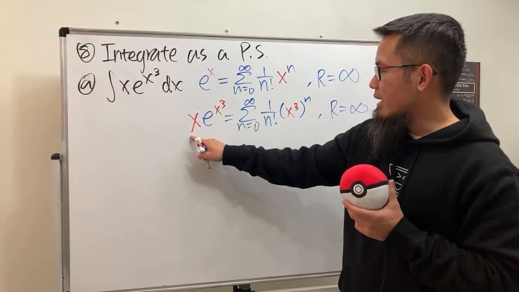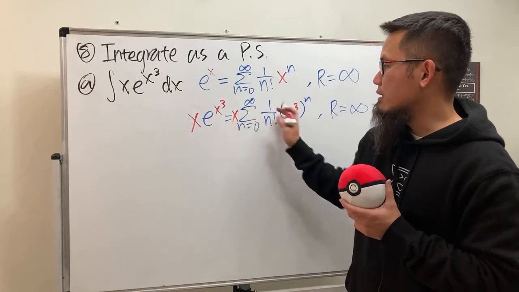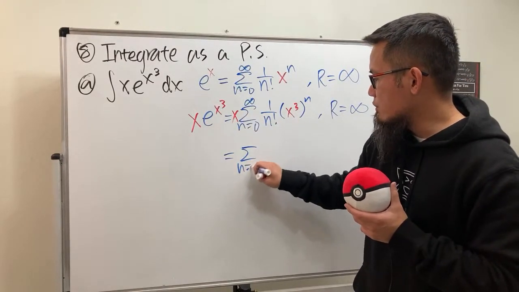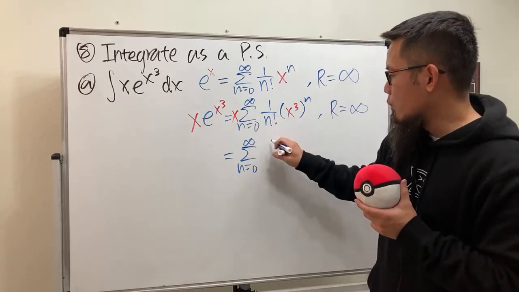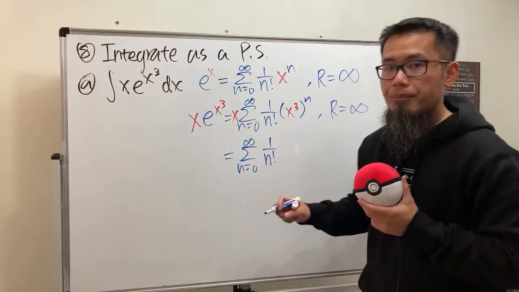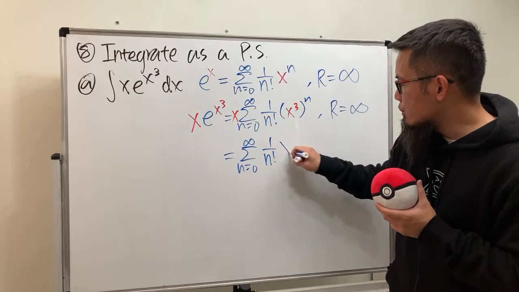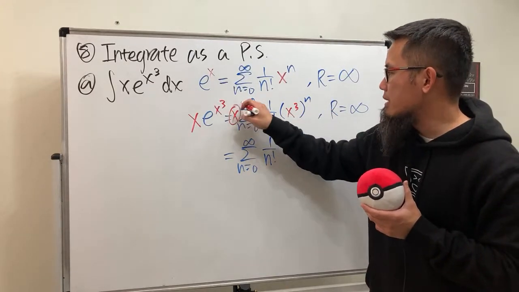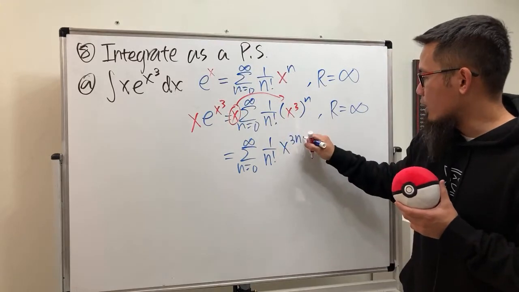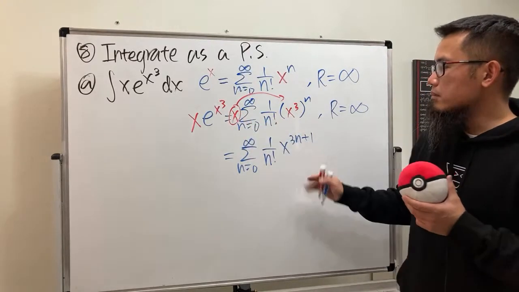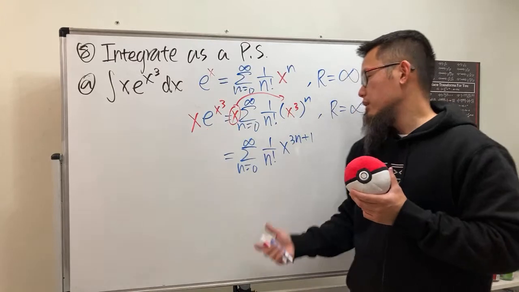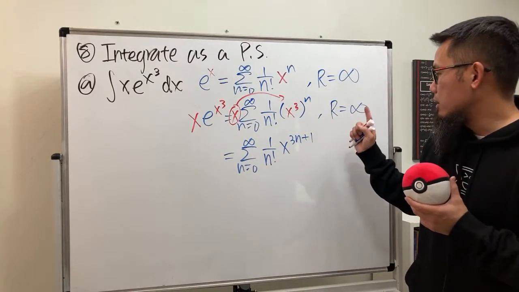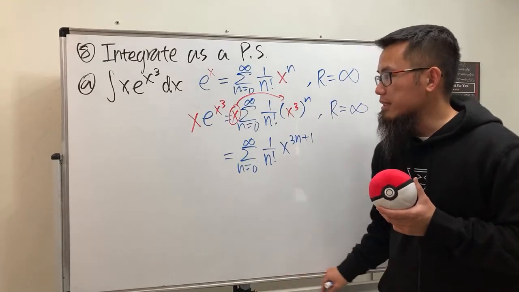If you multiply this by x, all you have to do is multiply this by x as well. So in fact, this right here becomes the series as n goes from 0 to infinity, and we have 1 over n factorial, and this right here is x to the 3n power, but we will have to multiply this with that. So you just add a 1 to it, right? Therefore, this right here is actually equal to that, and it has the radius of convergence being infinity. So this is really nice.